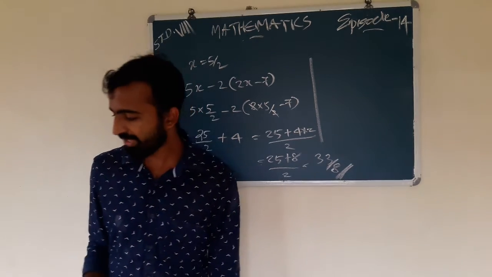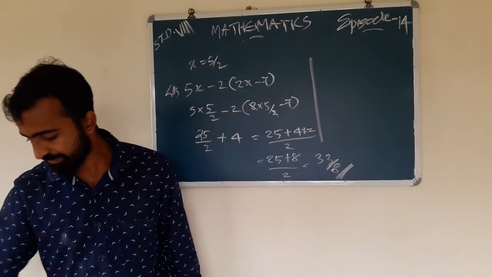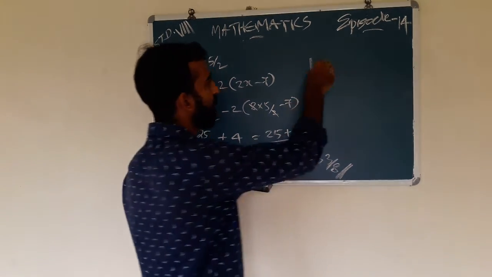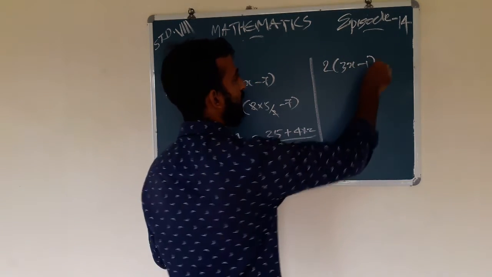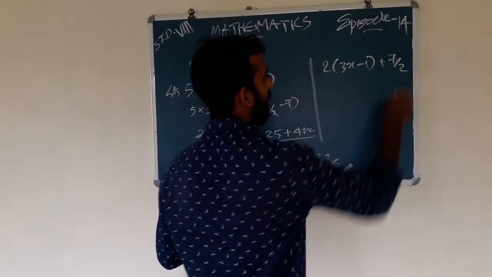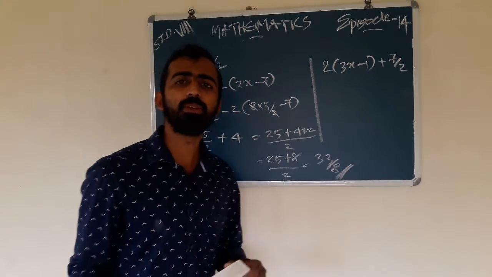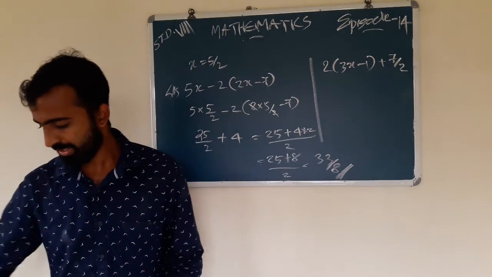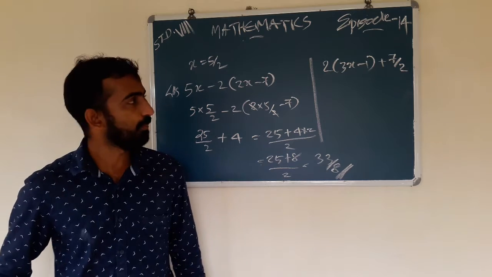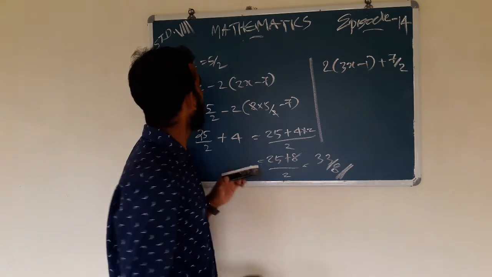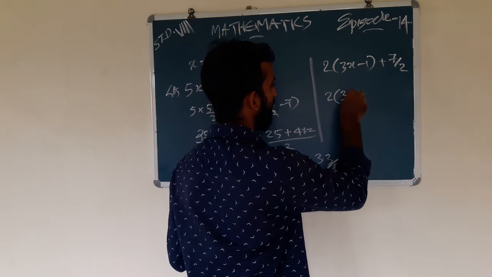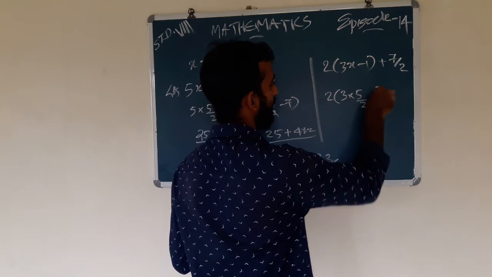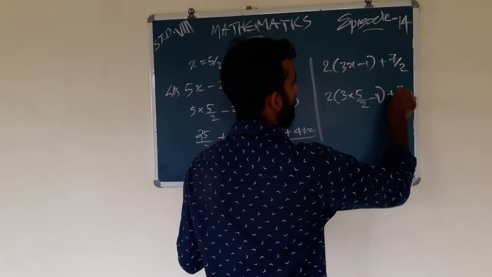What is the RHS? RHS is 2 into 3x minus 1 plus 7 by 2. Is it? Yes. We can apply the value. X is 5 by 2. That is 2 into 3 into 5 by 2 minus 1 plus 7 by 2.